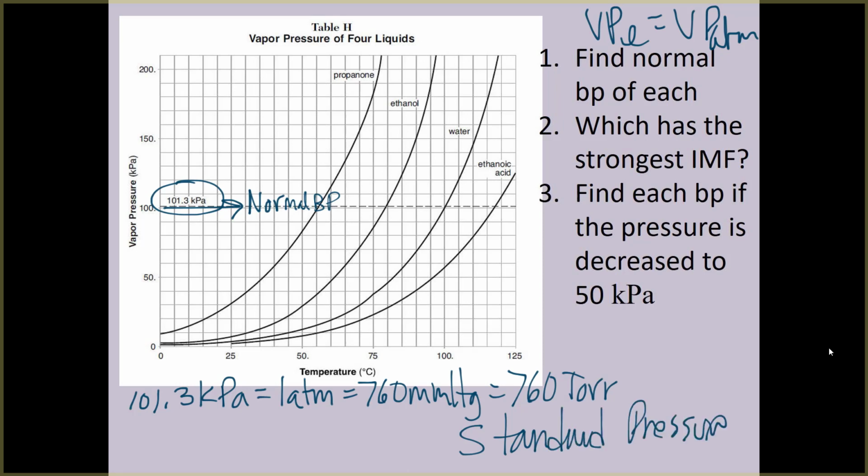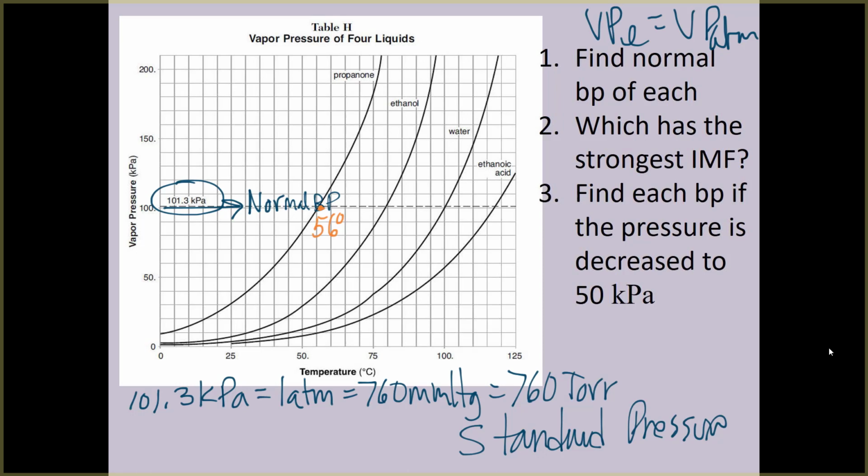So what we're going to do is increase the temperature until the vapor pressure of the liquid is equal to this standard pressure. And then right when that line crosses the standard pressure, that's where your boiling point is. So my 4 boiling points here, the very first one, the line crosses about right here, and so that's about 56 degrees Celsius.